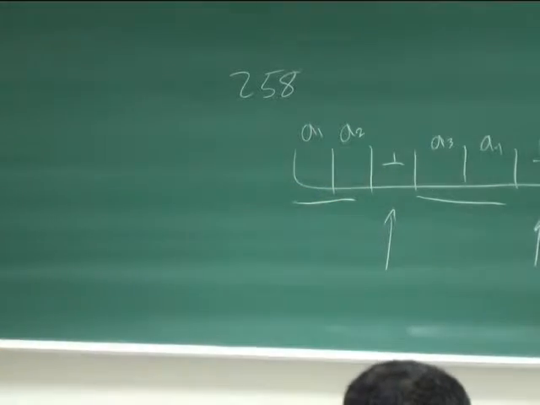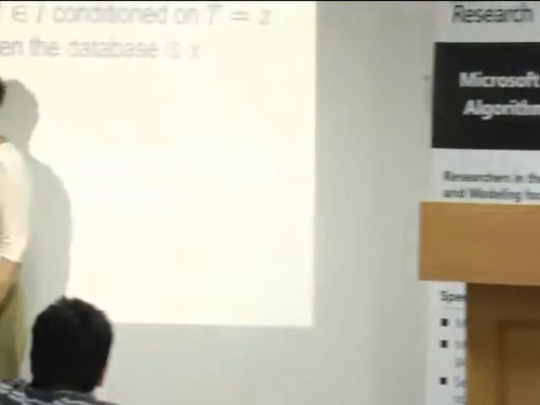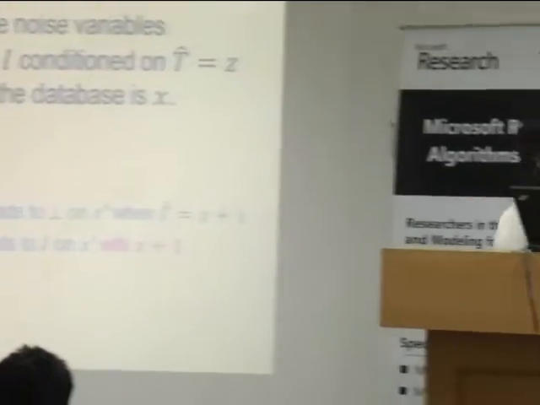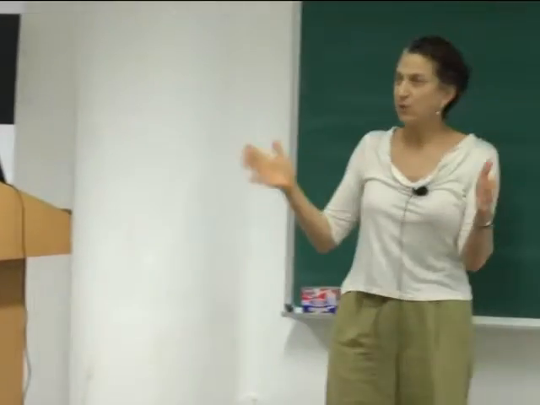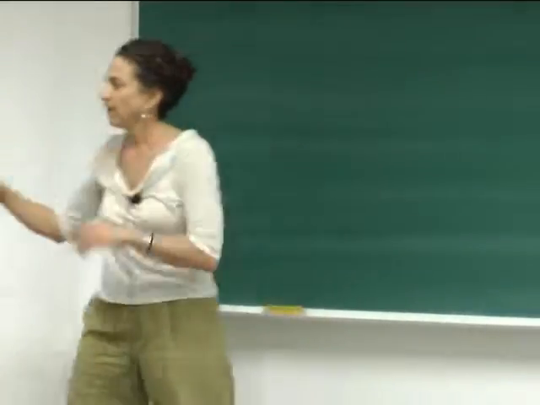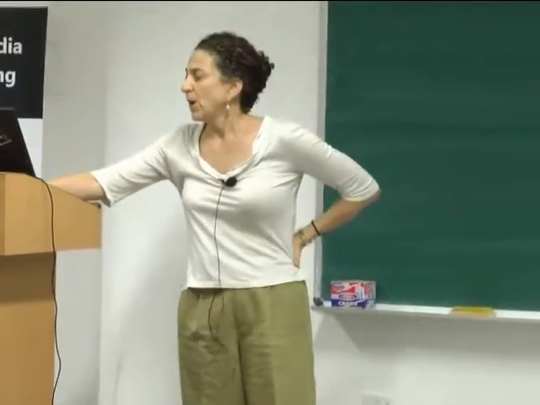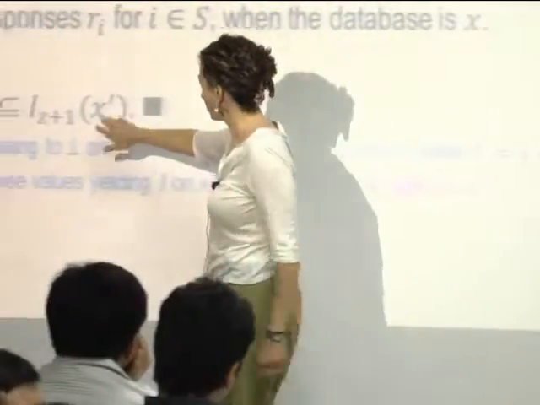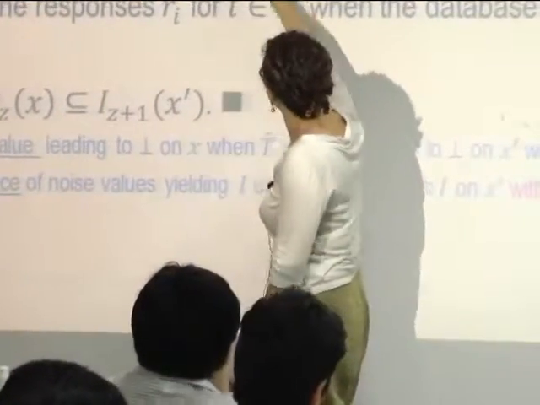That's exactly a corollary of this. It's exactly what we're saying. And this is true whatever x prime is, the adjacent database. That's what the claim says. This is just what we said, and the proof is that line.